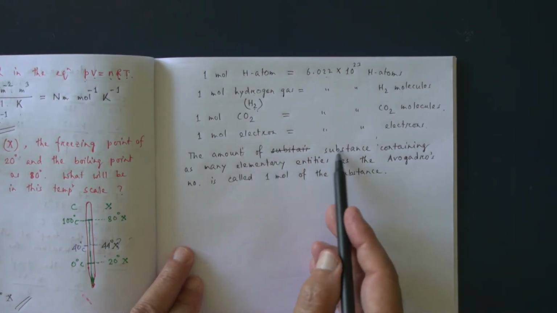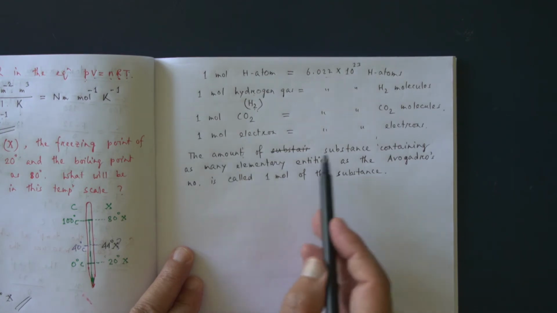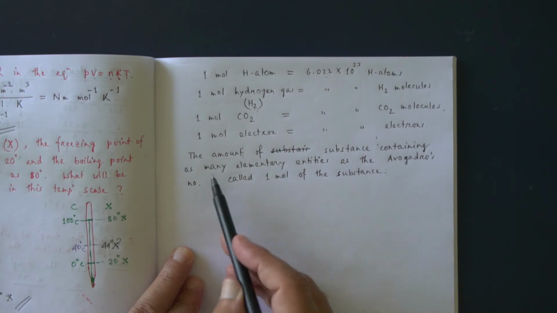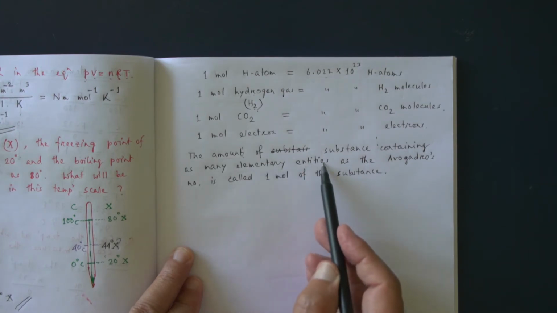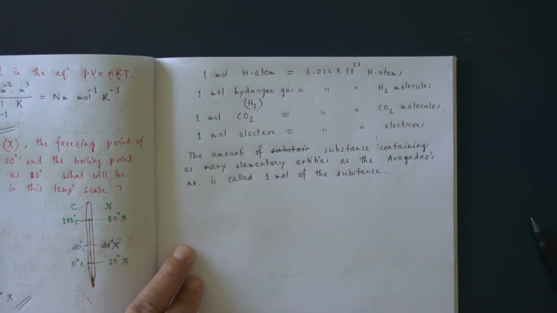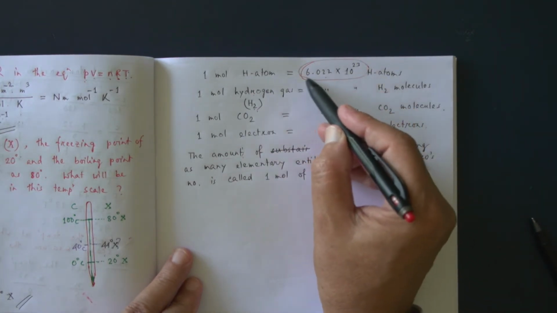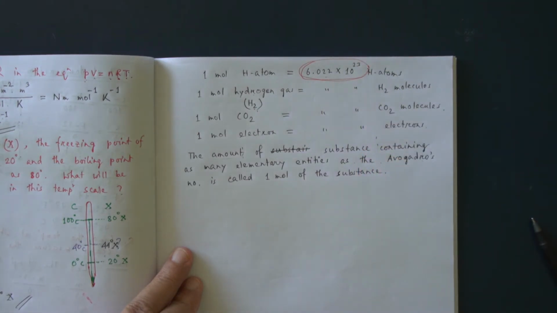The amount of substance, once again amount means number, containing as many elementary entities as the Avogadro's number. Now what is this? This is Avogadro's number.